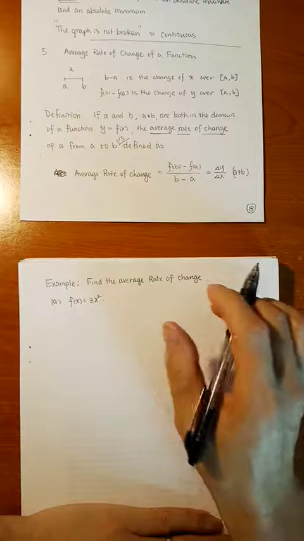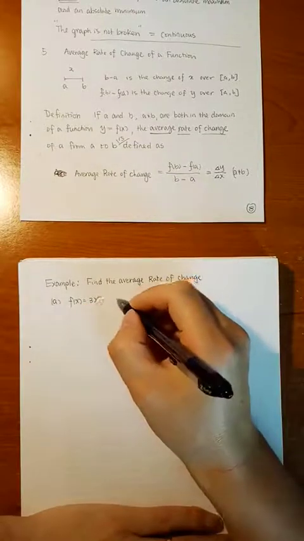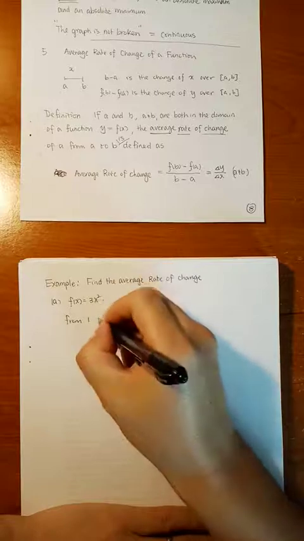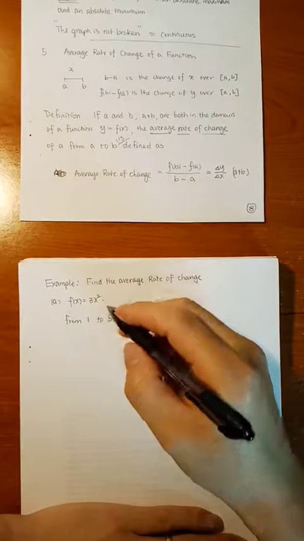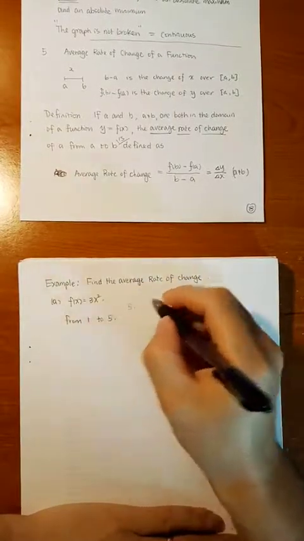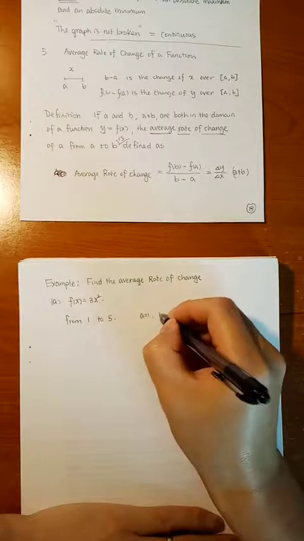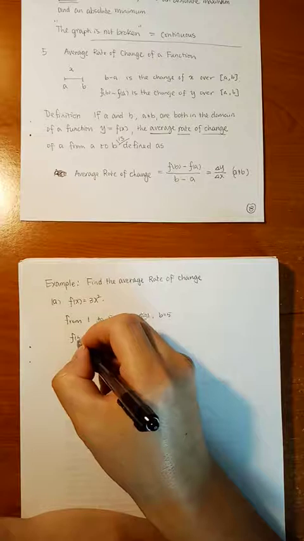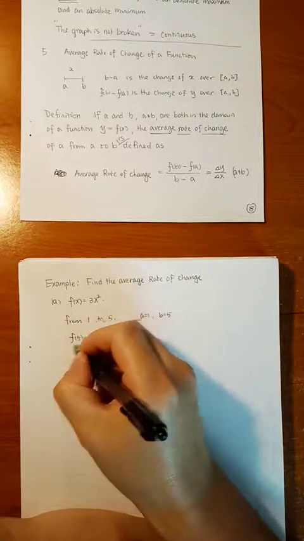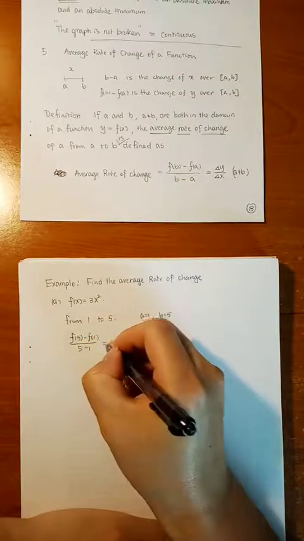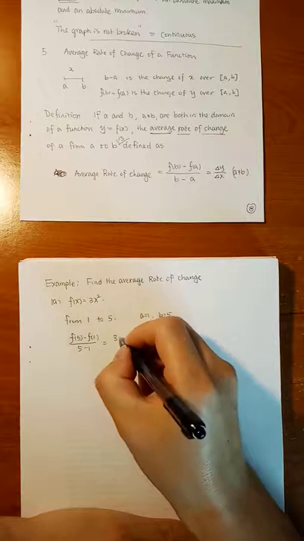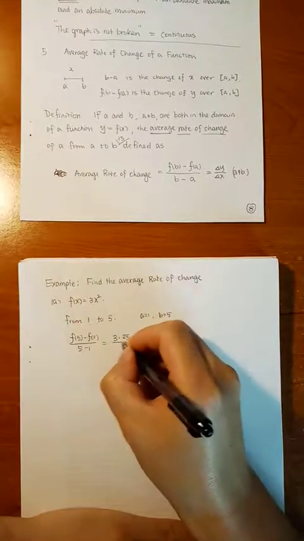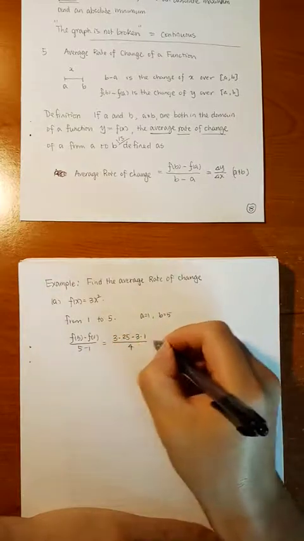You have a, b, okay? So let's say from 1 to 5. If it's from 1 to 5, a is 1, b is 5. The average rate of change is f5 minus f1 over 5 minus 1. f5 is 3 times 5 squared, which is 25. f1 is 3 times 1. 5 minus 1 is 4.